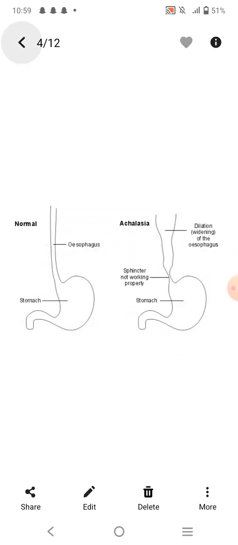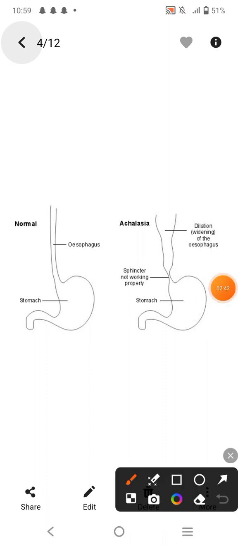But in the case of Achalasia cardia, there is dysfunction of both the muscles and the nerves in your esophagus. Mainly, especially and initially, the nerves are affected, due to which the lower esophageal sphincter, present between the esophagus and the stomach, doesn't relax at all.